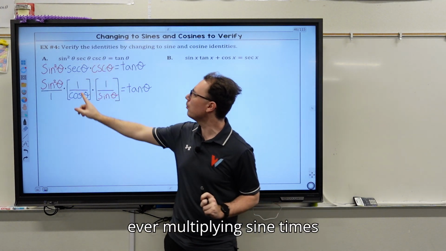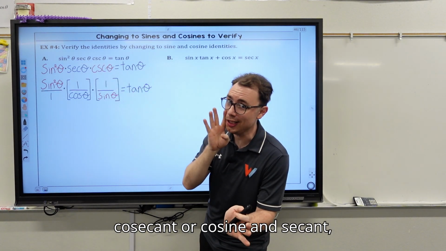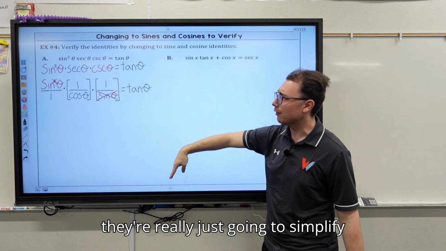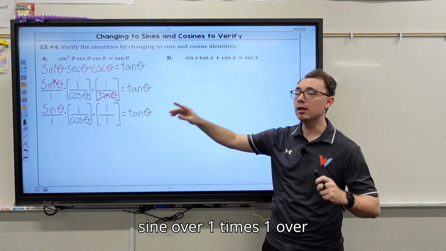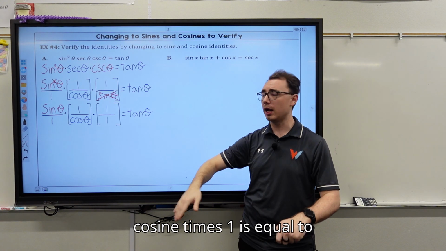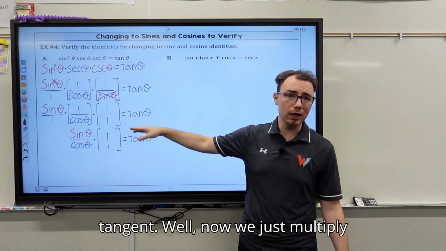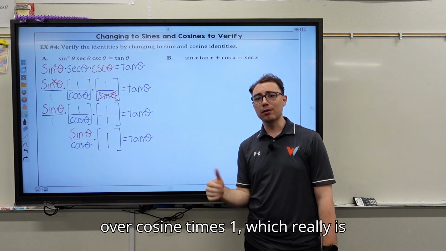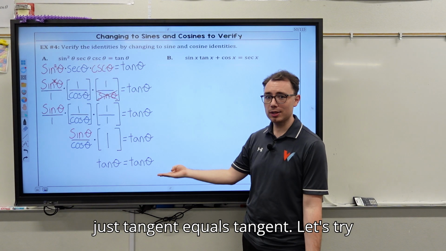So if we're ever multiplying sine times cosecant, or cosine and secant, they're really just going to simplify each other out. So now we have sine over 1 times 1 over cosine times 1 is equal to tangent. Well, now we just multiply everything together. We just get sine over cosine times 1, which really is just tangent equals tangent.